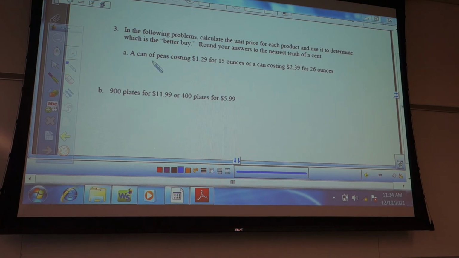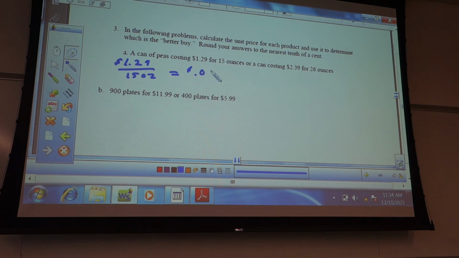So we've got $1.29 for 15 ounces. So the price per ounce, 1.29 divided by 15, what did you all get? 0.086. Okay. And then for the other one, 2.39 for 26 ounces.